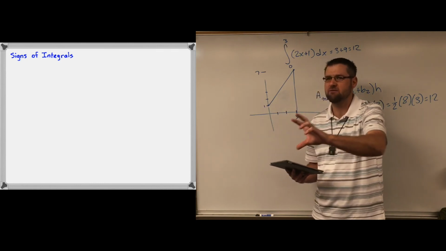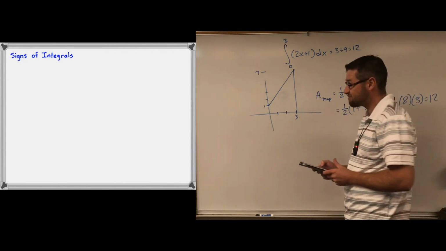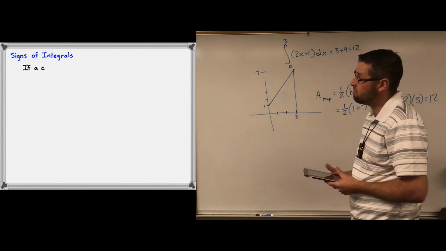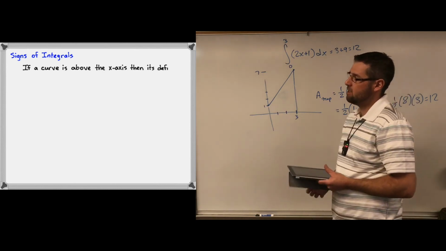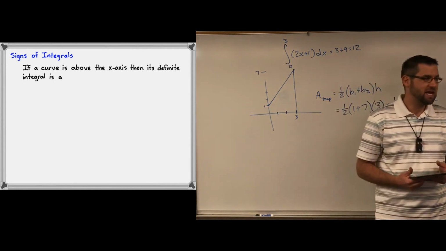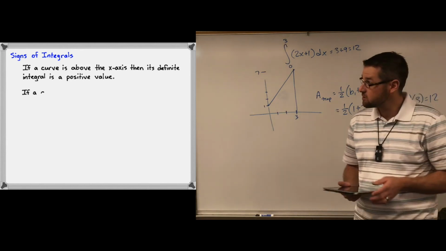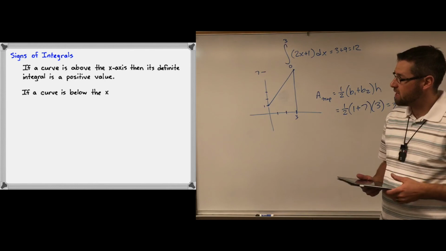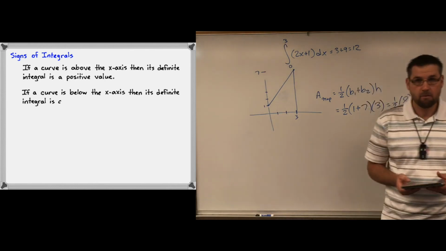The area is still positive, but the integral is negative in that region. Okay? So the signs of integrals: if the curve is above the axis, then the integral is said to be positive. And then vice versa. If the curve is below the x-axis, then the definite integral is negative.